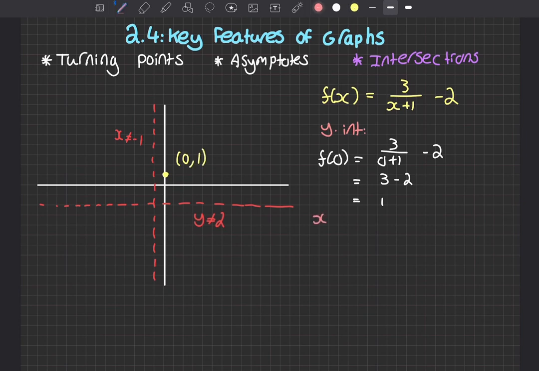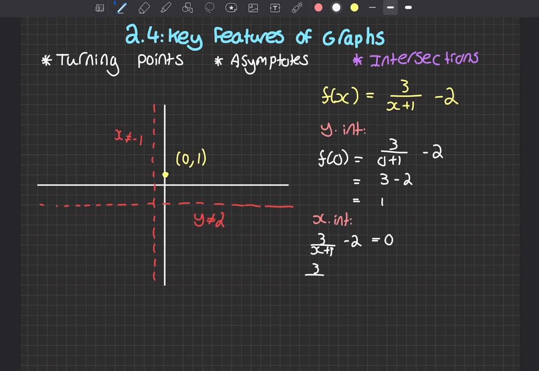And then you have your x-intercept. And this is pretty similar, where now you want where the graph touches this line here, and this line is when y equals 0. So your x-intercept is when your function, 3 over x plus 1 minus 2, equals 0.